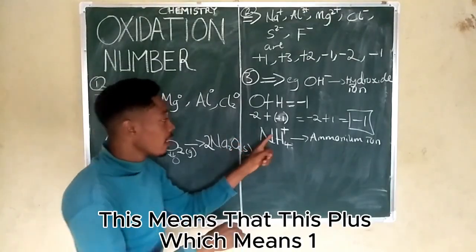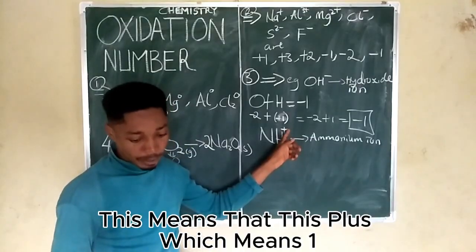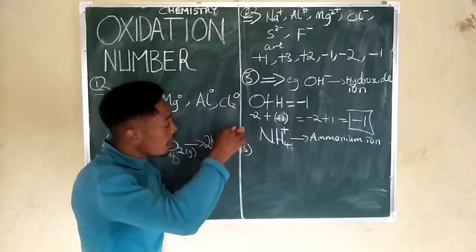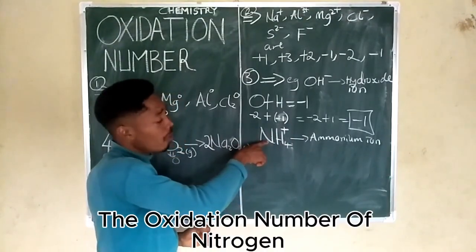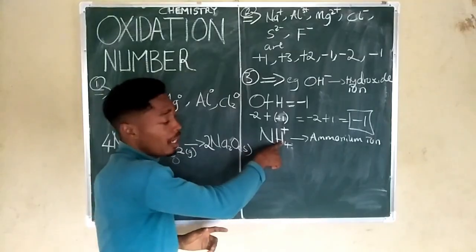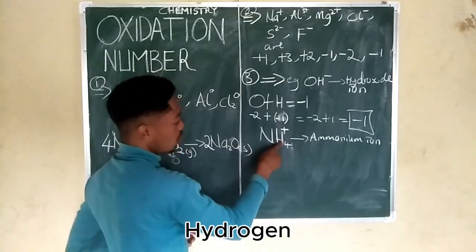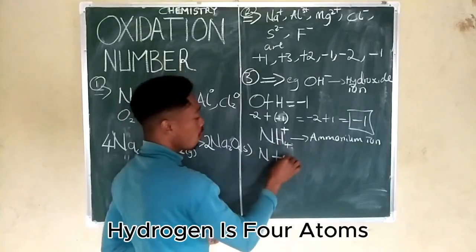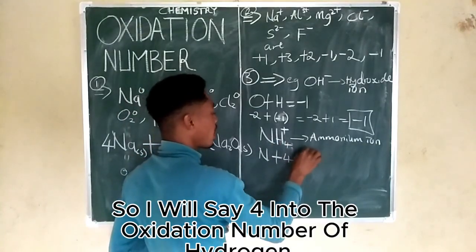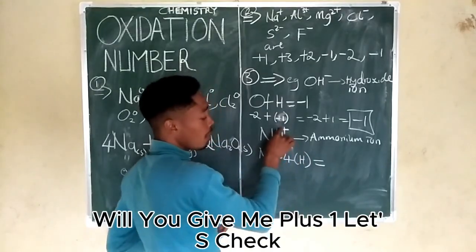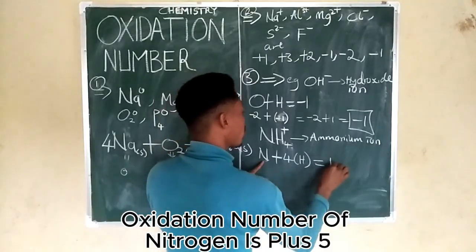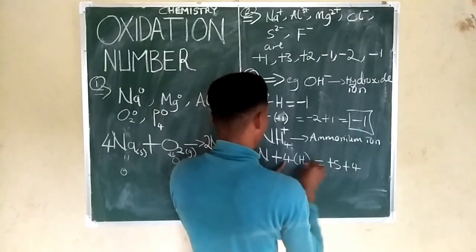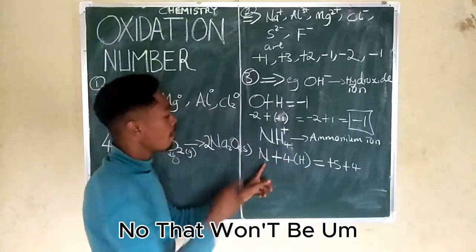This means that this plus, which means plus 1, is the algebraic sum of the oxidation number of nitrogen plus the oxidation number of hydrogen. Hydrogen has 4 atoms, so I will say 4 times the oxidation number of hydrogen. Will it give me plus 1? Let's check. The oxidation number of nitrogen is plus 5. No, that won't be.